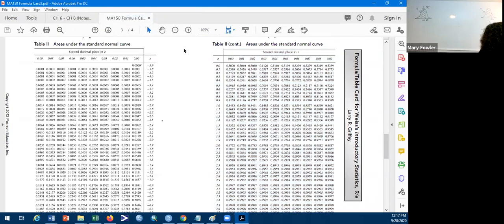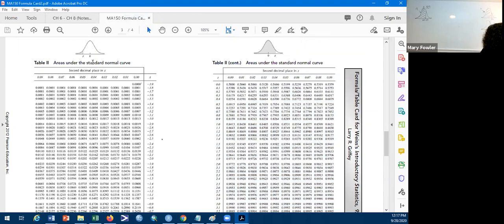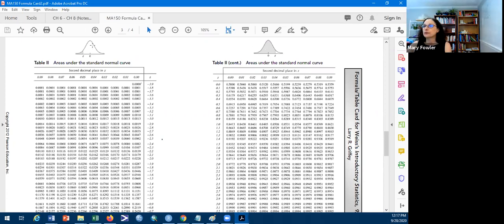All right, and so I see here that we have a table. There are z-scores. Inside the table is tabulated what's shaded here, which are left tails. So this table is a table of left tails.